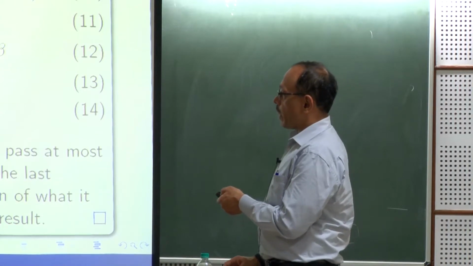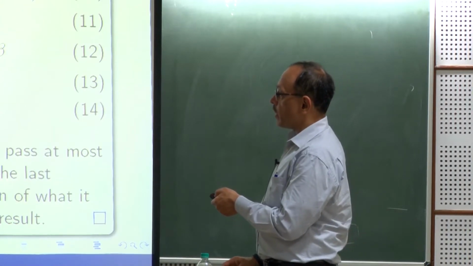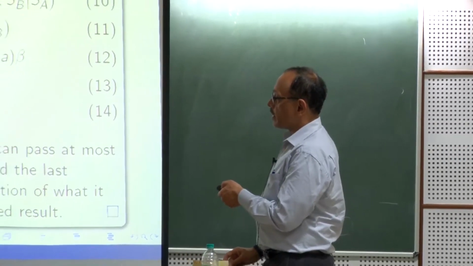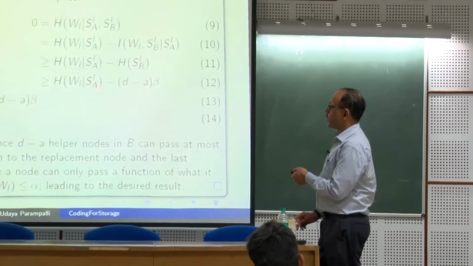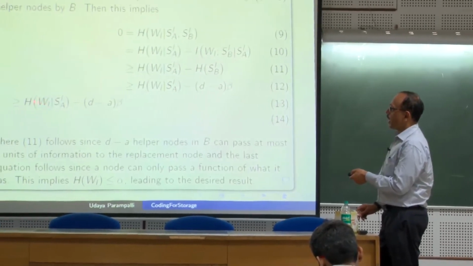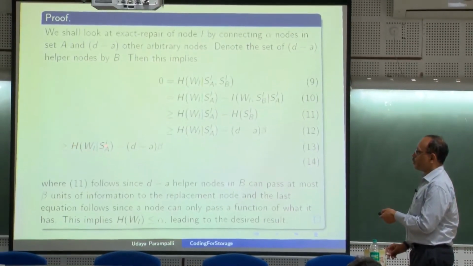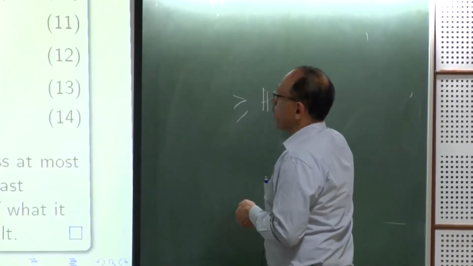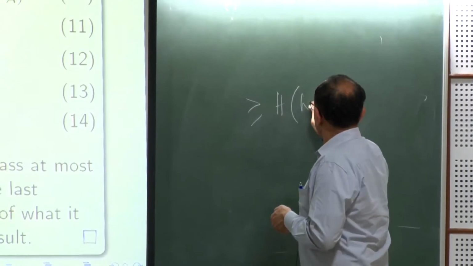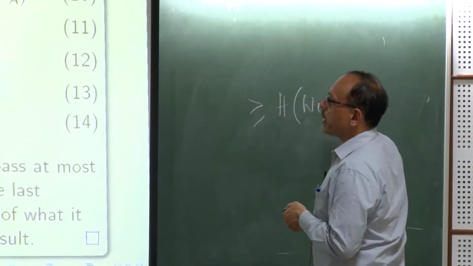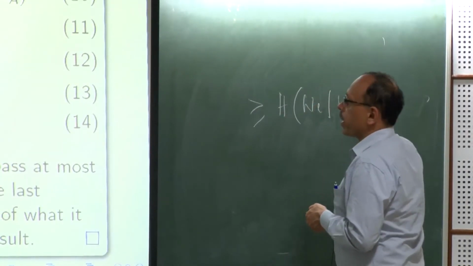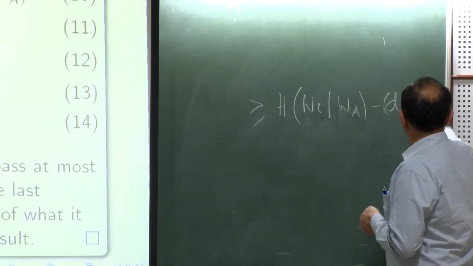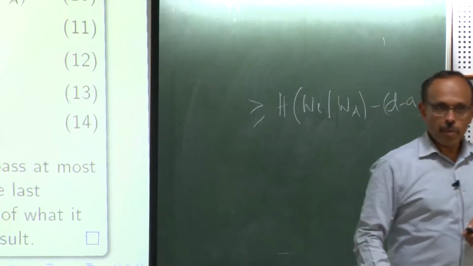This is equivalent to S_AL, you can say S superscript L and subscript A. This should be greater than or equal to H of W_L given W_A minus d minus A times beta. Do you see the point?